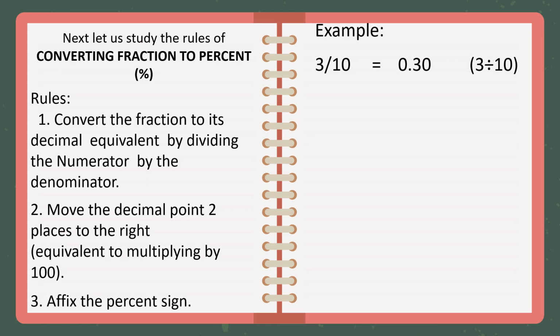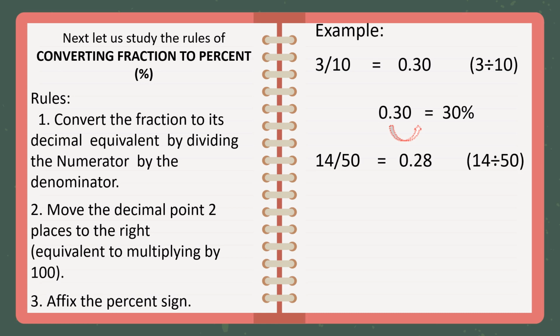3 over 10 is equal to 0.30. That is 3 divided by 10 is equal to 0.30. Getting 0.30, we move the decimal point 2 places to the right to give us 30%. So 3 over 10 is equal to 30%. 14 over 50 is equal to 0.28.